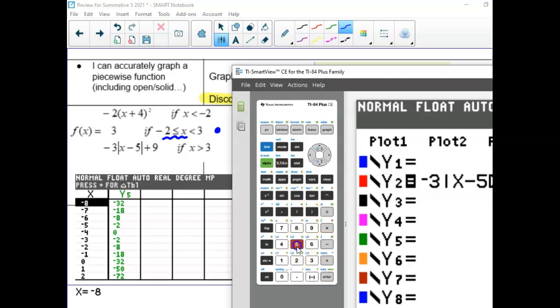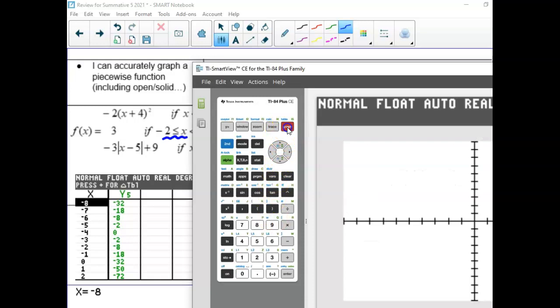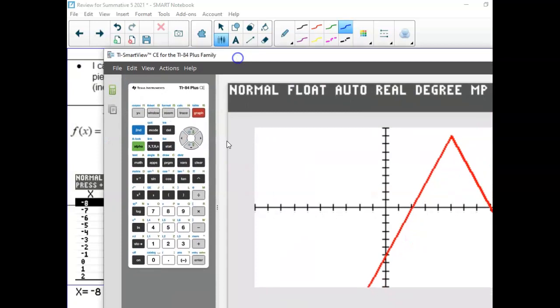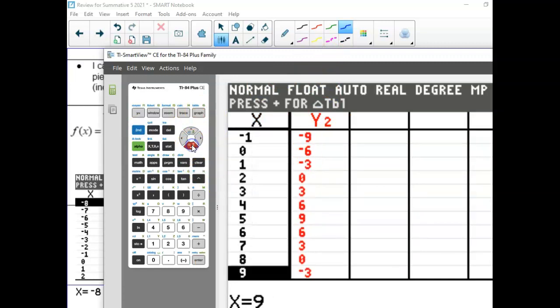If you had an older calculator, it would literally say ABS, and then you would need to close the parenthesis to show that you're now out of the absolute value and put the +9 on the back. If you graph it, this is what it looks like. We want values starting at 3, so if you wanted to trace 3, it's going to start here, so we want values going to the right of that. But again, you can just use the values from the table, but I have to scroll down until I have values greater than 3.